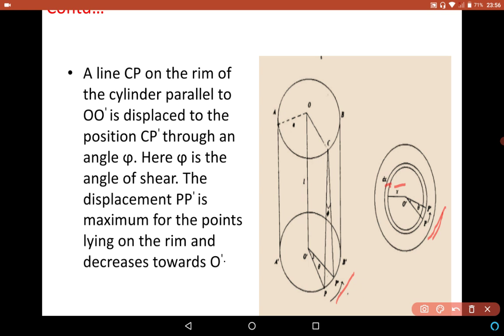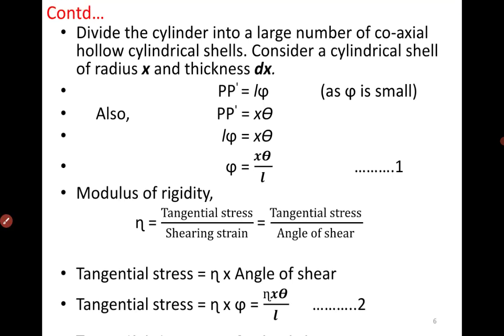And from this diagram, PP dash is equal to the length L into phi. Then divide the cylinder into a large number of coaxial hollow cylindrical shells.